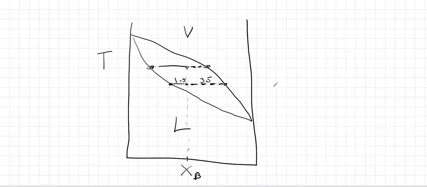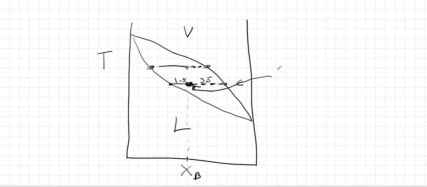Okay, and so what that means is that in this scenario right here, actually I'll draw the arrow over there, if we prepare a system with that temperature and this overall composition, in other words, the total mole fraction of B in the entire sample, regardless of which phase it's in, then we can see that there's going to be more of the liquid. This line segment is shorter, we're closer to the liquid side.